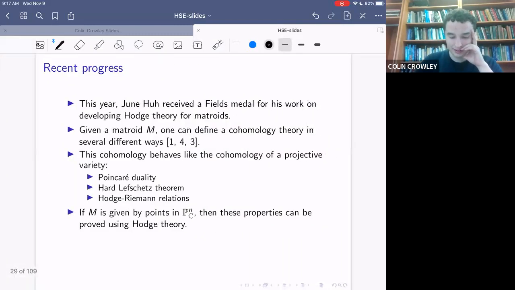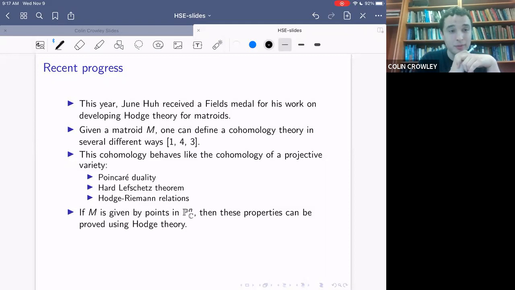And if this comes from a point arrangement over the complex numbers, over any field really, but for classical Hodge theory it's the complex numbers, then one can construct from the data of this point arrangement an algebraic variety. These 3 different theories come from 3 different constructions.